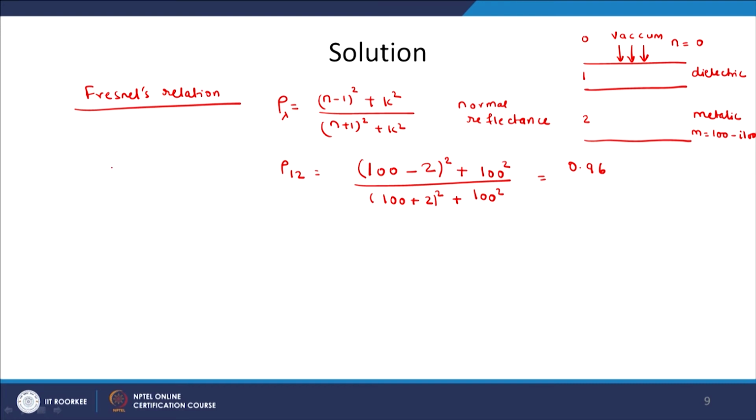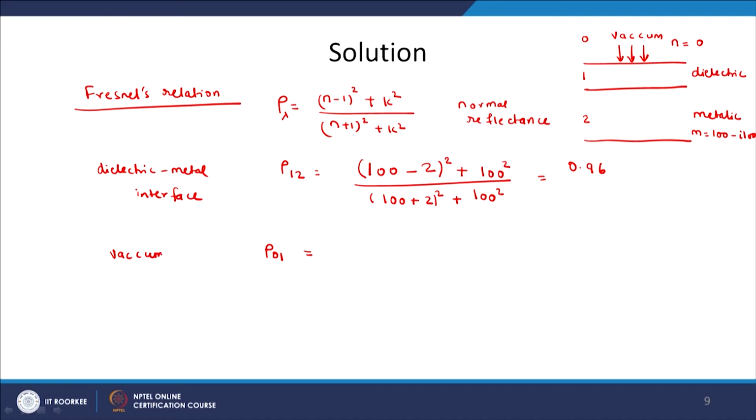So, this is the dielectric metal interface. Now, we have rho 0 1, that means the interface between vacuum and dielectric.